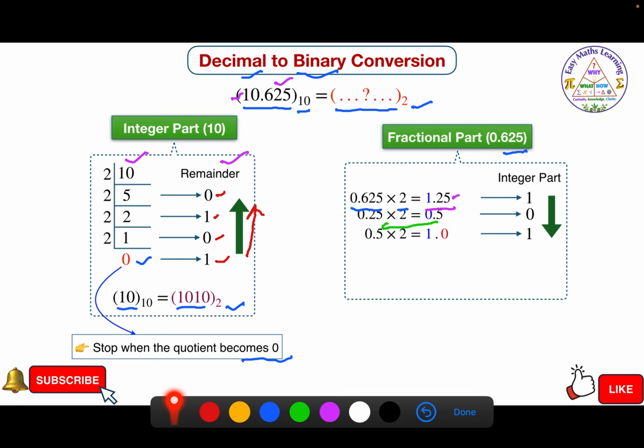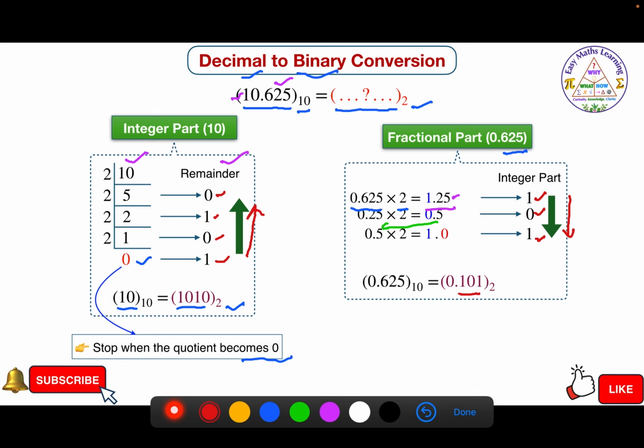So now in fractional part conversion, we write integer part from top to bottom. So number will be 1, 0, 1. So we get the fractional binary number as 0.101 in binary form.